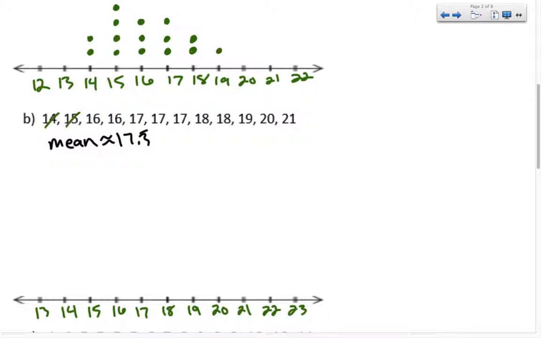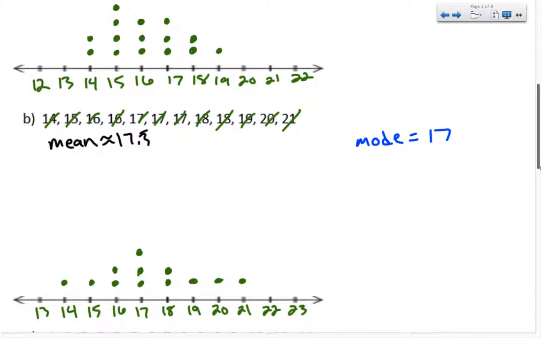Okay, so we have a 14, 15, 2 16s, 3 17s, 2 18s, 19, 20, and a 21. So right off the bat, before we find the median, we might as well find the mode because we can see that that's going to be 17.